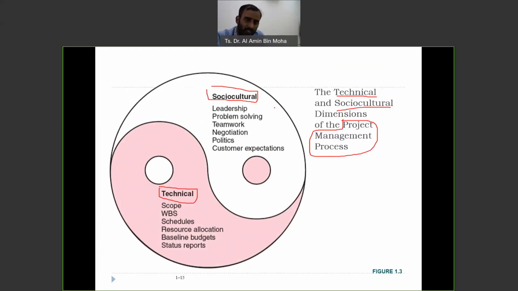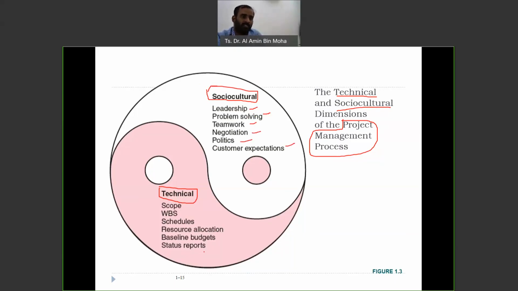It's more about leadership, problem solving, teamwork, negotiation, politics, and customer expectation. We're going to learn about each of the elements here in the sociocultural dimension. What is technical? Technical is more about the technical part of the project: the scope, the WBS, the work breakdown structure, the schedules, the planning, resource allocation, baseline budget, and status reports.